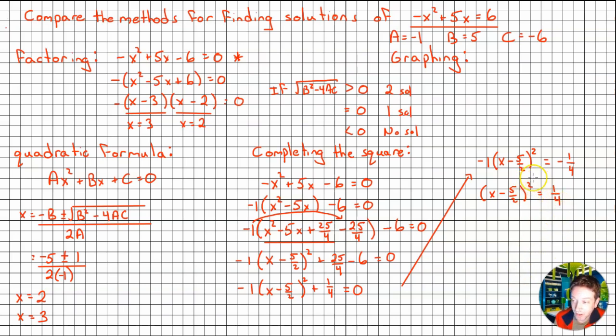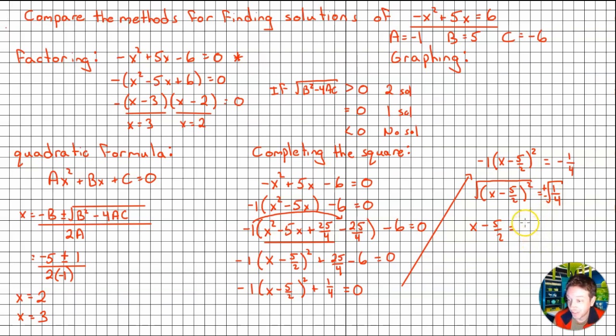Then square root both sides. So we're going to square root this side and square root this side. This is going to become plus or minus. So now we have x minus 5 over 2 is equal to plus or minus the square root of 1 over 4.